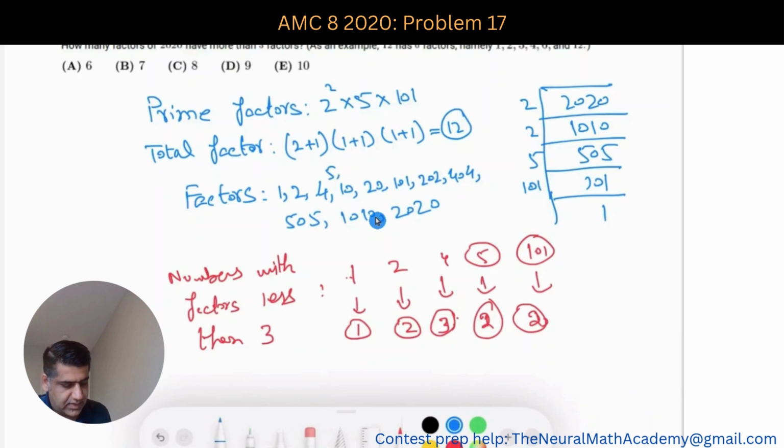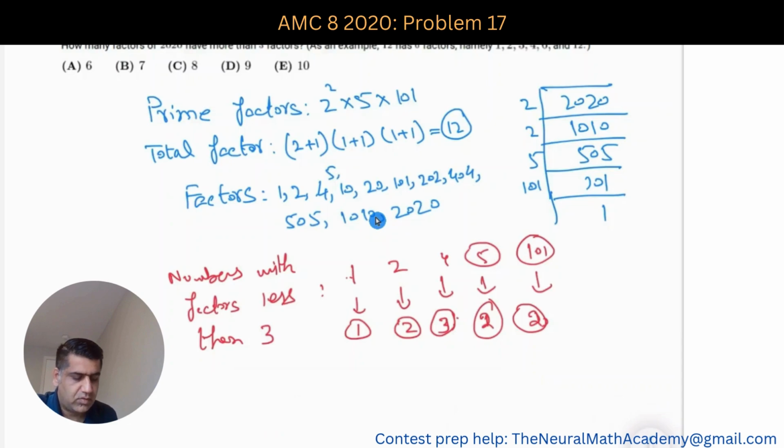Other than that, if we check all of the numbers, they will have more than 3 factors. So what we will do now, we can simply subtract 5 from 12, and then the answer will be 7. So 12 minus 5 is equal to 7.